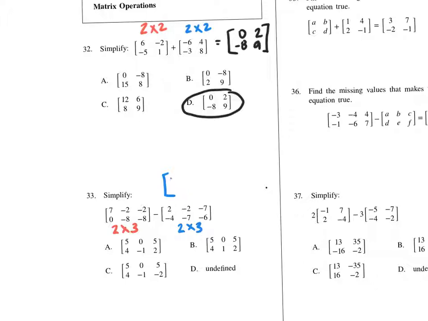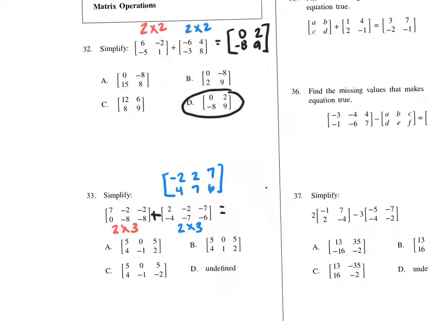So I'm going to change that positive 2 to a negative 2, the negative 2 to a positive 2, negative 7 to a positive 7, negative 4 to a positive 4, negative 7 to a positive 7, and negative 6 to a positive 6. Then, instead of doing the subtraction, I'm going to change that to addition. So I'm adding the negative matrix. I like to add more than to subtract, so when I see subtracting, I can always change that sign by changing the matrix in the back to a negative matrix.